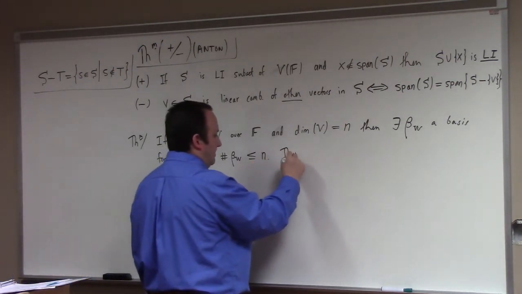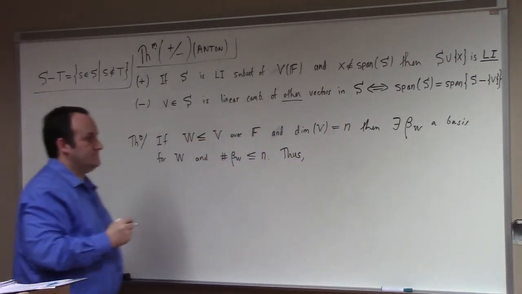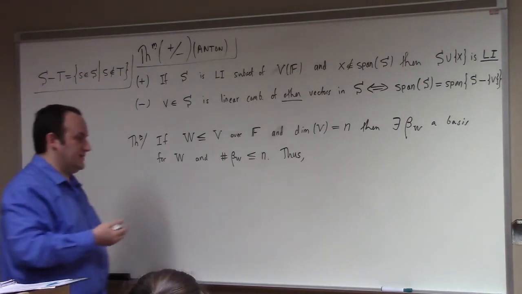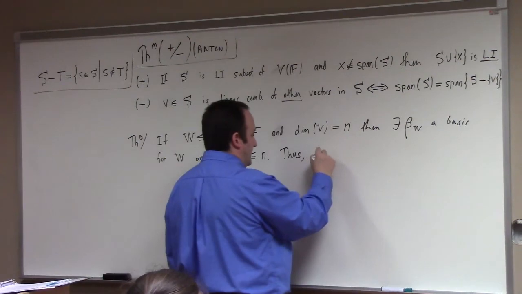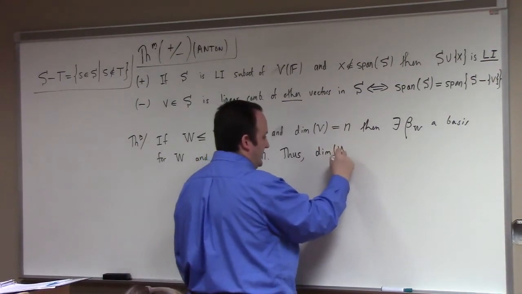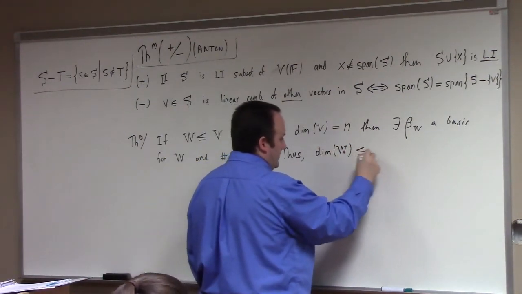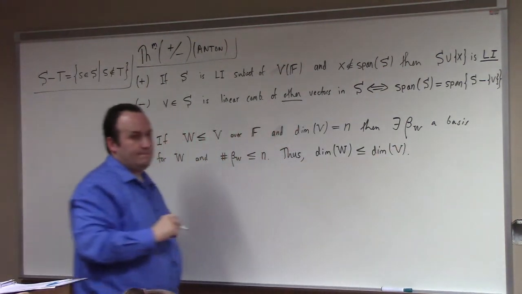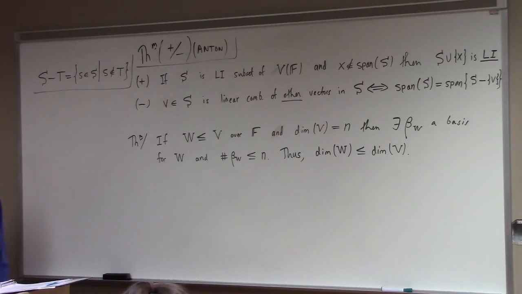Thus, what? How can we compare it? We can compare the dimension of the subspace to the dimension of the total space, right? The dimension of W is less than or equal to the dimension of V. We could say more.